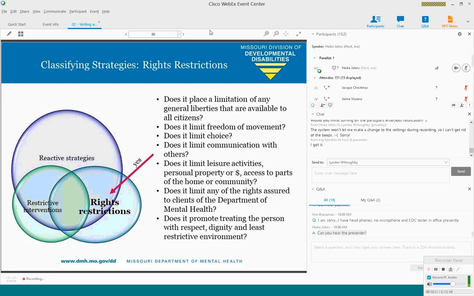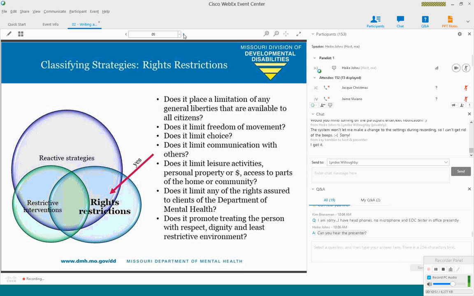And finally, are you promoting treating the person with respect, dignity, and trying to ensure a least restrictive environment? So if all the answers to those are yes, except for the last one, which should be a no, then you've restricted somebody's rights. What we're most concerned about today are the things that fall in both reactive strategies and restrictive interventions. Let me say that again. What we're most concerned about today are the things that fall in both reactive strategies and restrictive interventions.